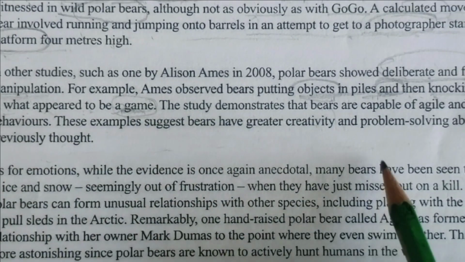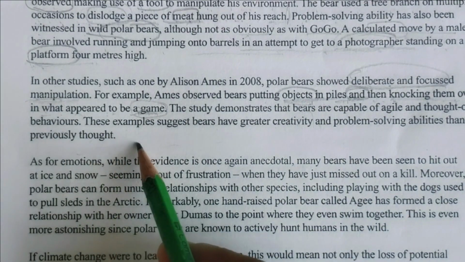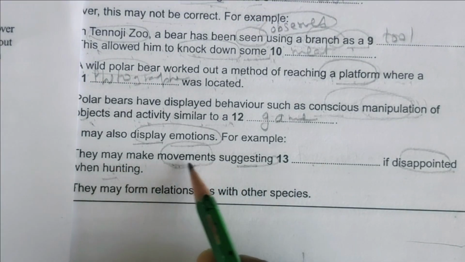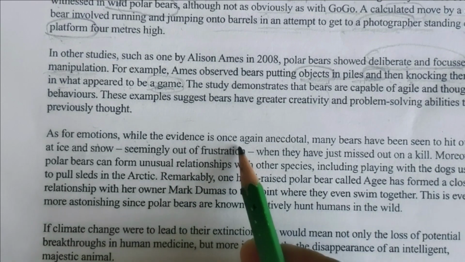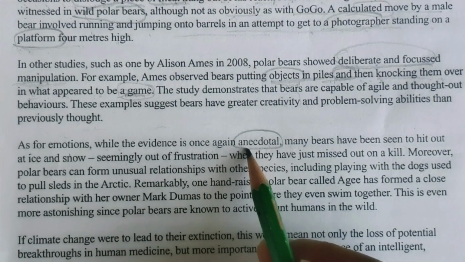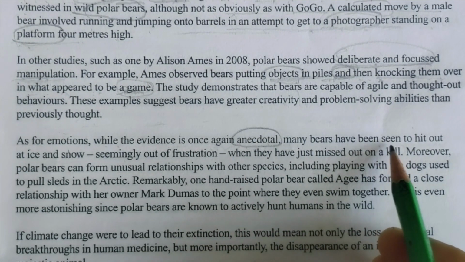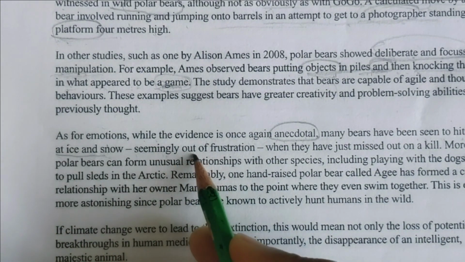Capable of agile behaviors, see here they have given behaviors. These examples suggest problem solving. So what I was looking for: may make movements suggesting, if disappointed when hunting, they are talking about a hunting kind of thing. As for emotions, while the evidence is once again anecdotal, it means some kind of behavior that we can just always remember. Once again, many bears have been seen to hit out at ice and snow seemingly out of frustration.